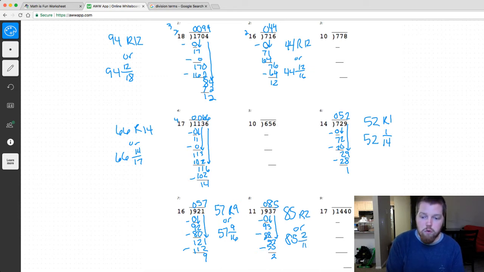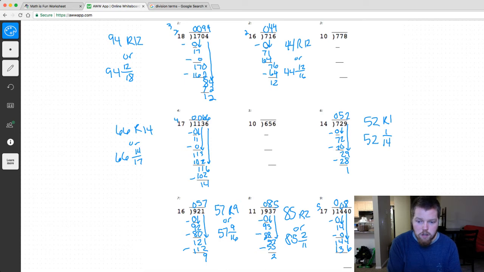17 into 144. Can 17 go into 1? No, it cannot. Multiply, subtract, and carry down your next place value. Still can't go in. Multiply, subtract, carry down your next place value. 17 into 144. Let's go with 8. 8 times 7 is 56. 8 times 1 is 8, plus 5 is 13.